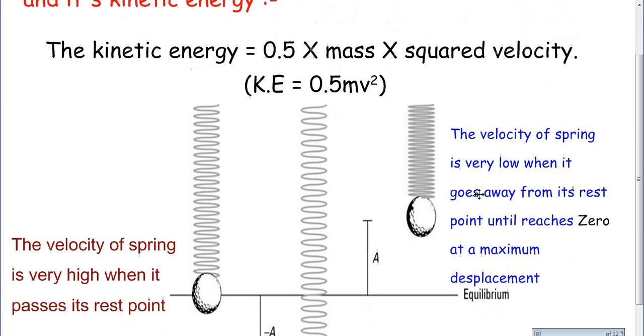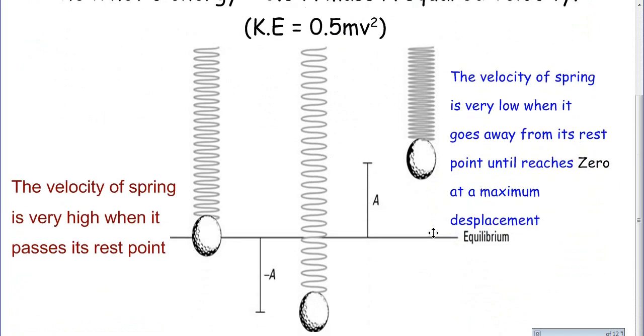And we said the motion of an oscillating body is around its rest position. This line represents the rest position of the oscillating body in this case. When the object moves away from the rest position like this, its velocity decreases until it reaches zero at the maximum displacement.